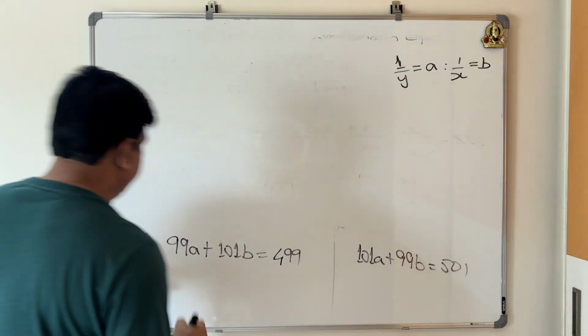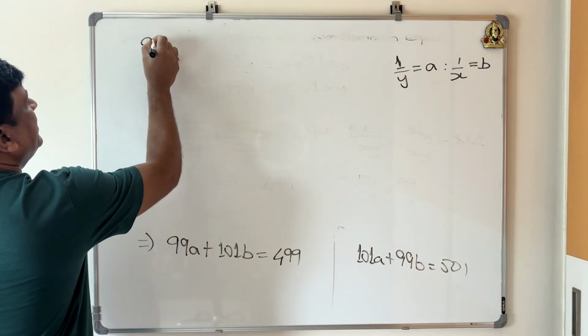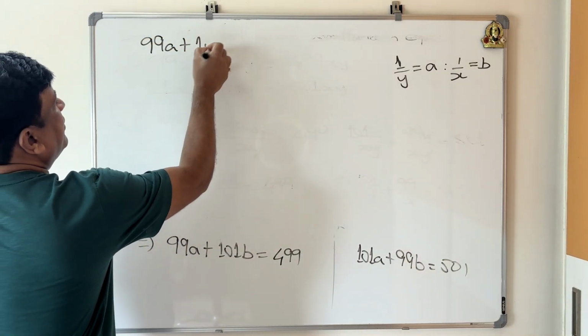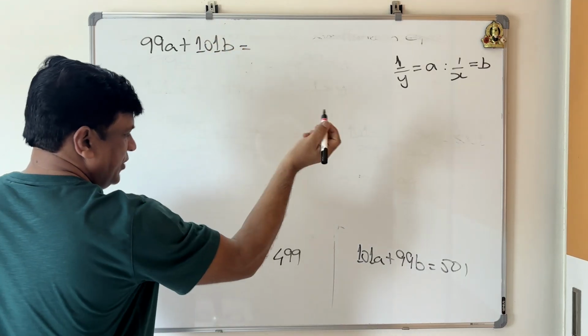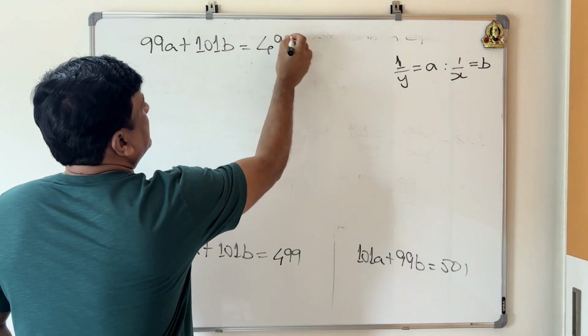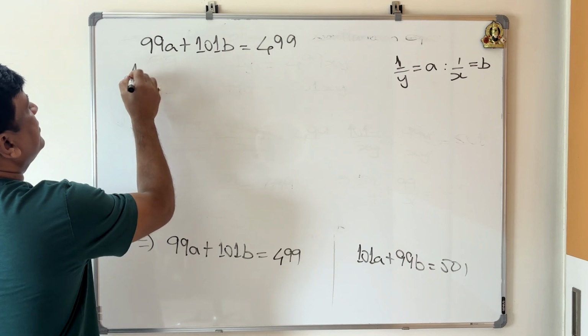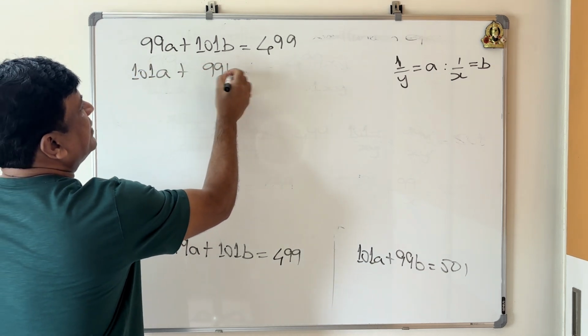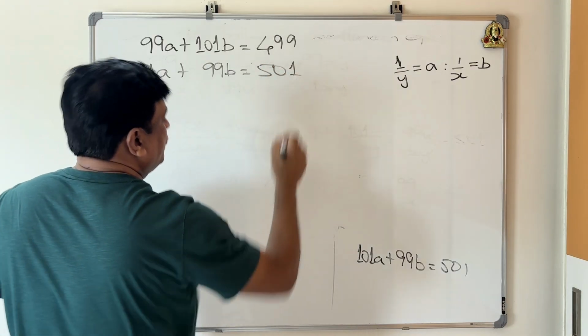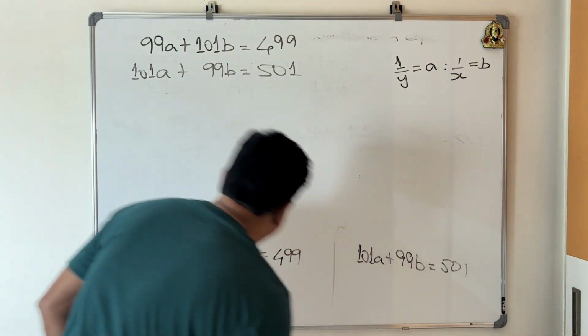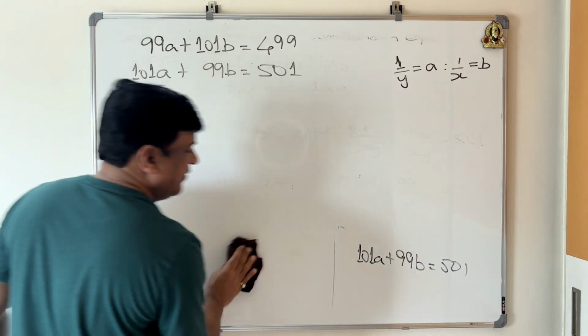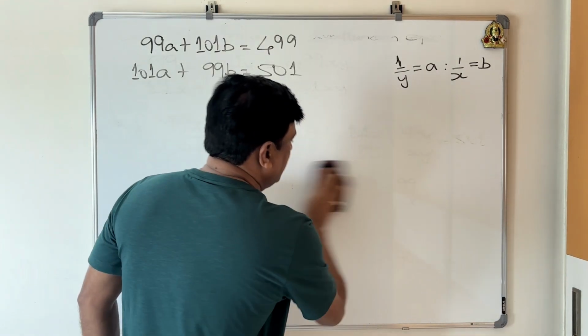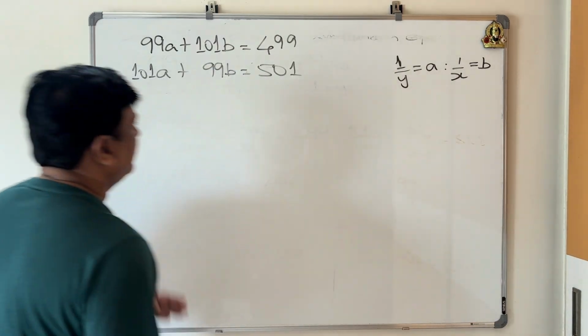And let's put these equations above. You have 99a plus 101b is equal to 499, and the second equation is 101a plus 99b is equal to 501. Even here, you're not supposed to go ahead and use the substitution or elimination method.